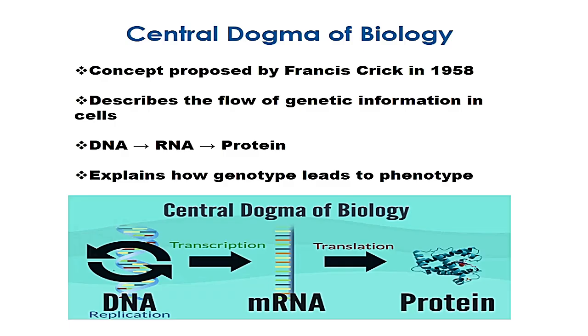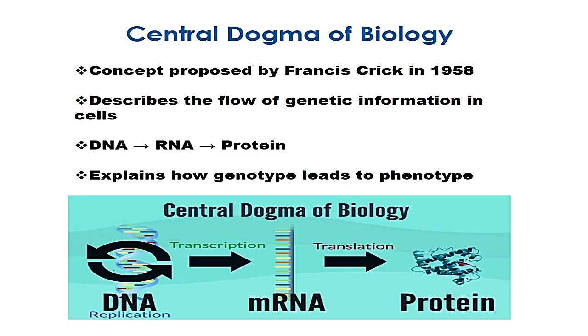Then DNA can be converted to another nucleic acid called RNA by the transcription process, and the RNA formed from DNA is messenger RNA, mRNA. Then from mRNA the message can be taken to the protein level, that is protein language. This process is called translation. Putting together all three processes, replication, transcription and translation, is called the central dogma of biology.